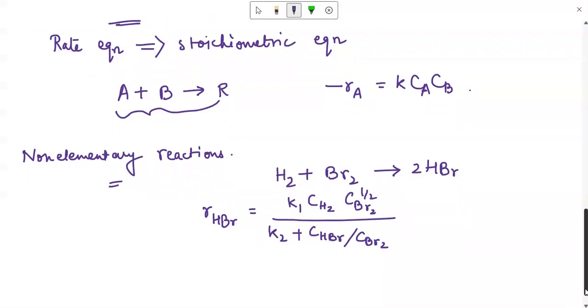So this is the kind of rate equation you have, while the stoichiometric equation is this. So they are not related.